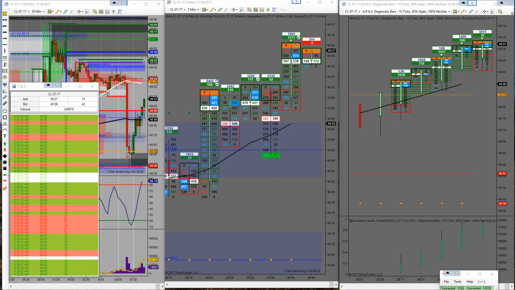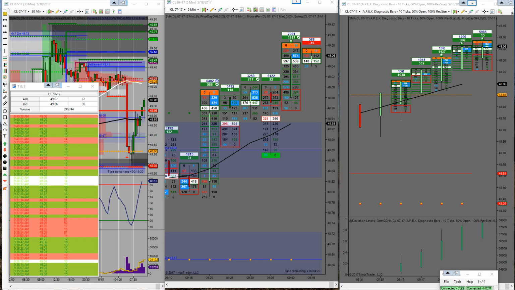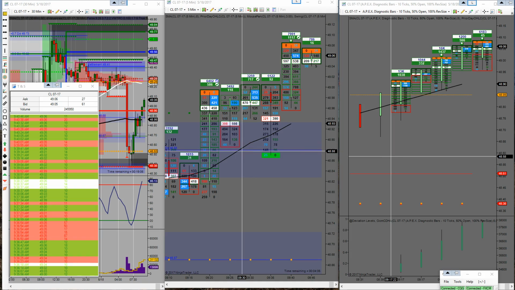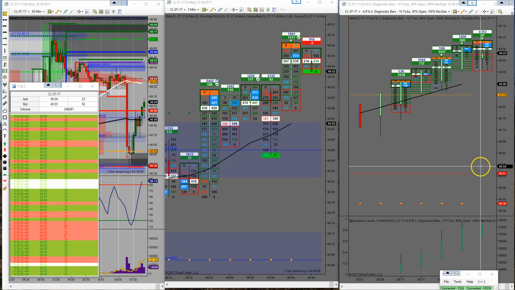That leaves me long 2 contracts, 48.86. Stop is going to be moving up to, oh man, 89. That's about all I can do for the moment. So that will lock in 3 ticks. And we'll see where we go from here.